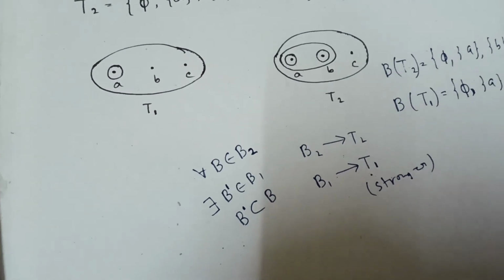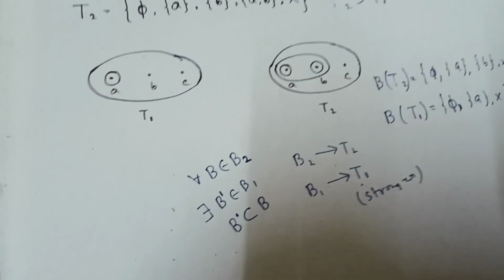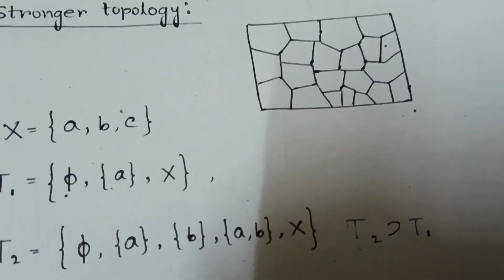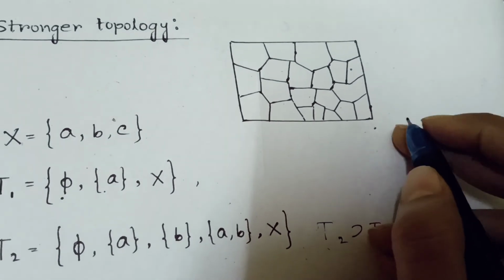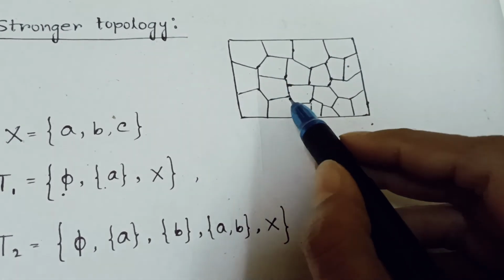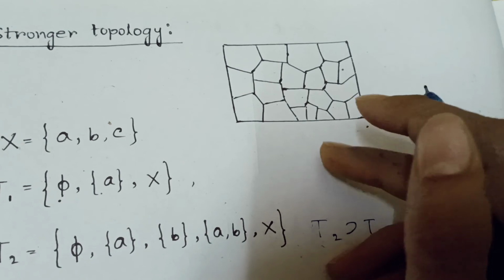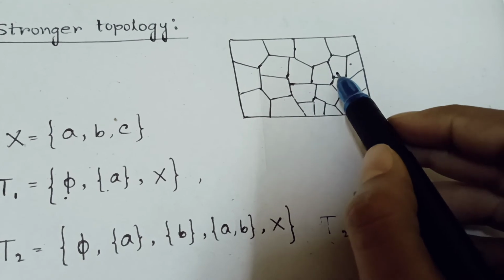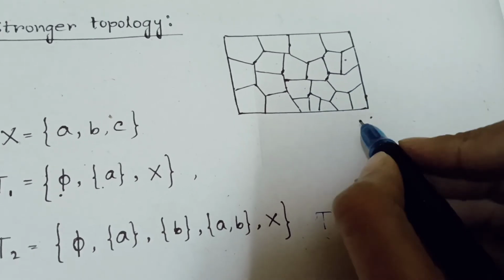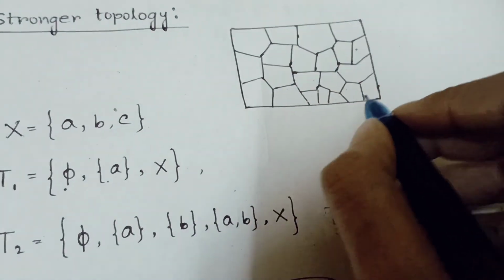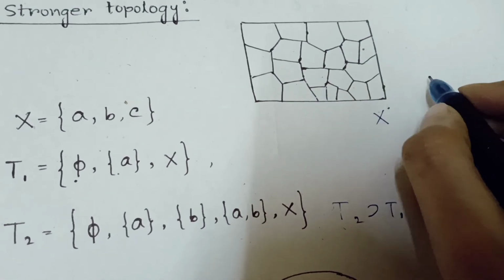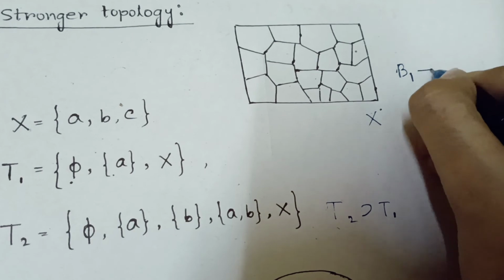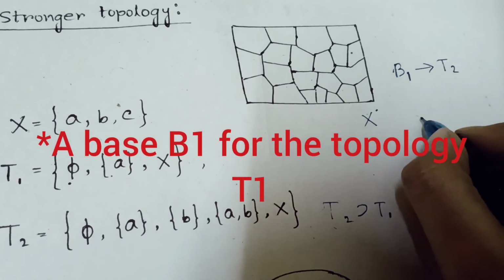Let me explain with some other example. You can see, let us consider this slab as a universal set, and this slab is broken into pieces, and let us consider each piece as a different subset of the set X. These pieces together form a base B1 of a topology T1.